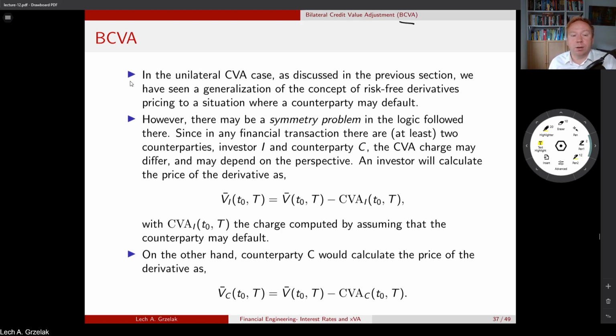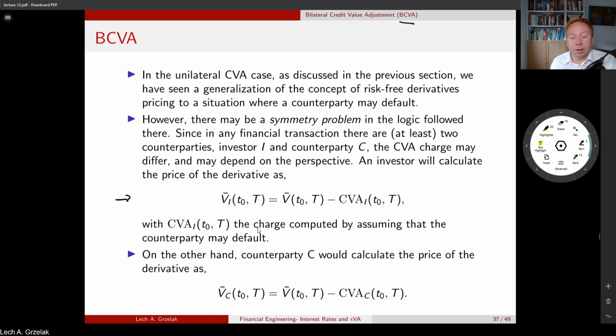Before, we were pricing CVA under the risk-free pricing, and then we looked into this adjustment for the default probabilities. The symmetry problem is this: from the investor's perspective, the value of the derivative is equal to the risk-free price that we get from the risk-free measure, minus CVA, which from the perspective of I means the counterparty may default.